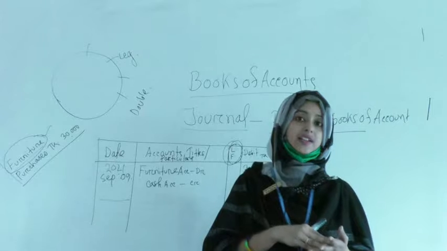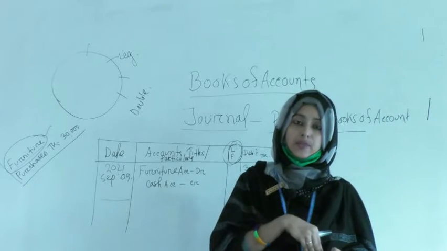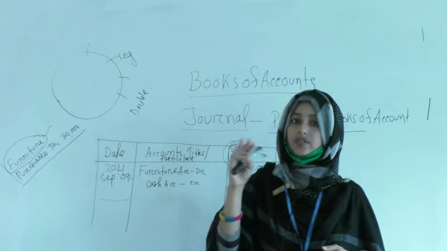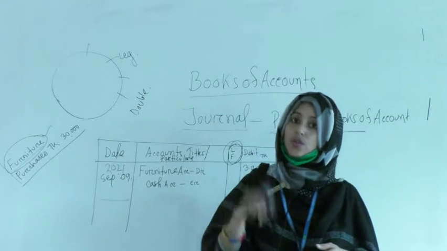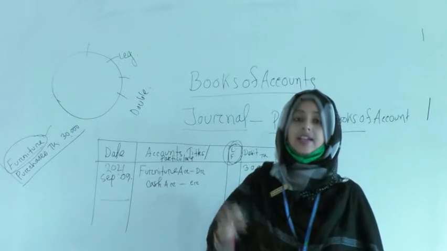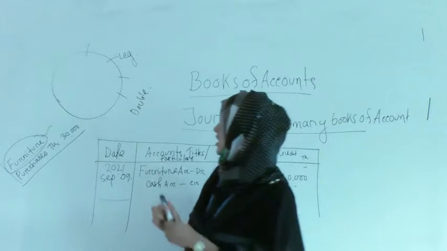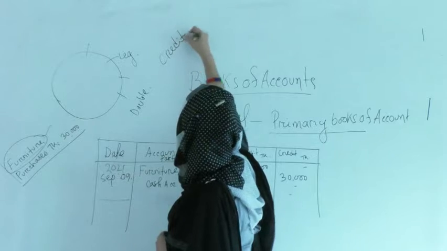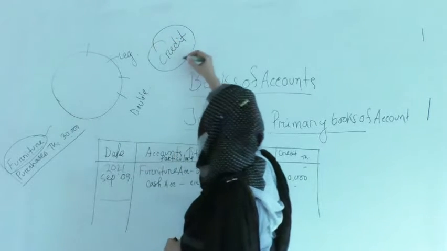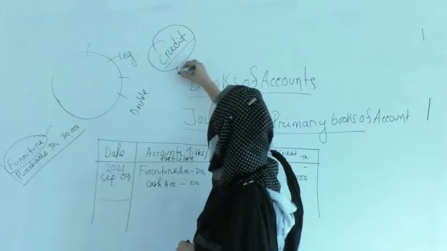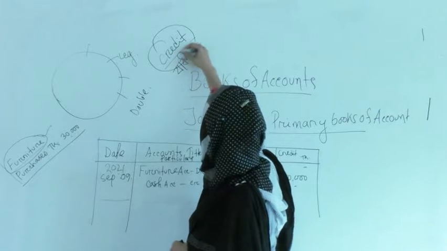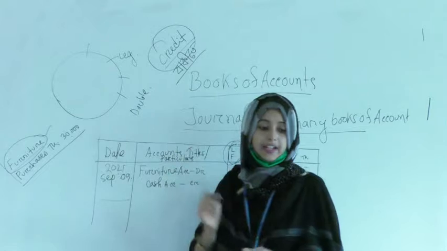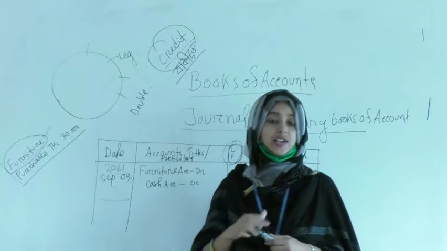If the purchase journal is only for credit purchase, then the sales journal is the same. Goods sold on credit are recorded in the sales journal. Just hit on credit items or credit terms. Credit means bakite, in Bengali, bakite. Clear?